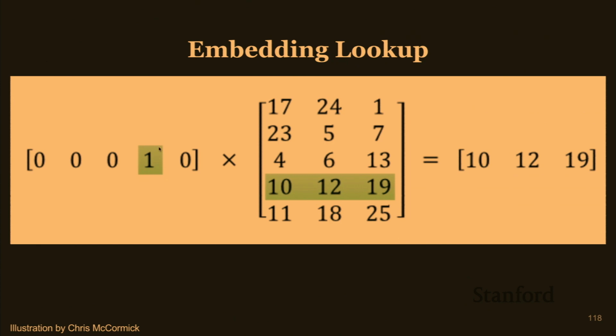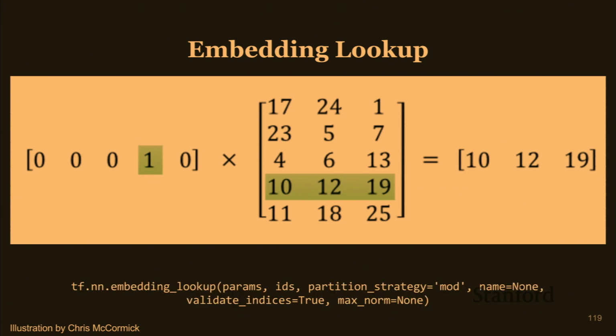It's basically similar to doing a matrix multiplication. In TensorFlow it's quite easy. The params is the matrix, and the ID is the index of the matrix where you want to get the rows.